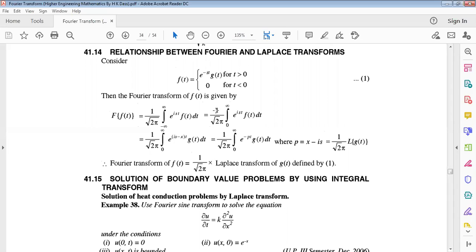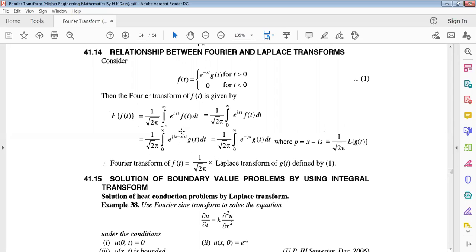This will be root over 2 by π, there is a printing mistake, remember it, because it is 0 to infinity. The given function over 0 to infinity is the main function e to the power minus xt, putting p = x minus is, and 1 by root over 2π times the Laplace transform of the function.